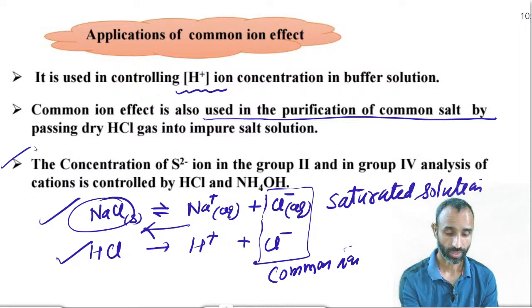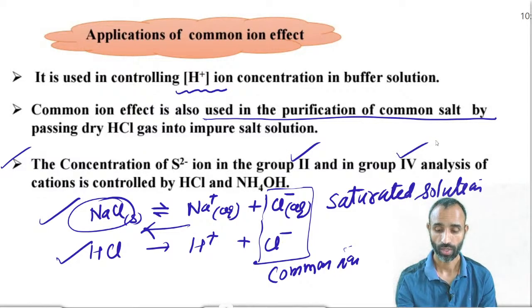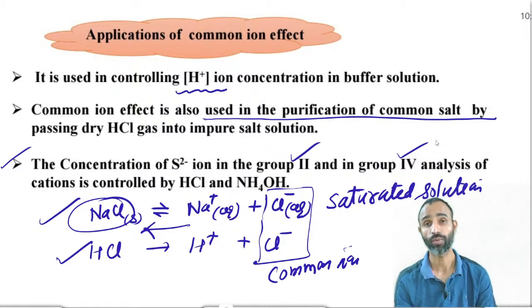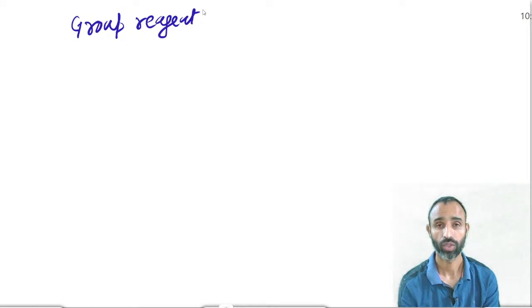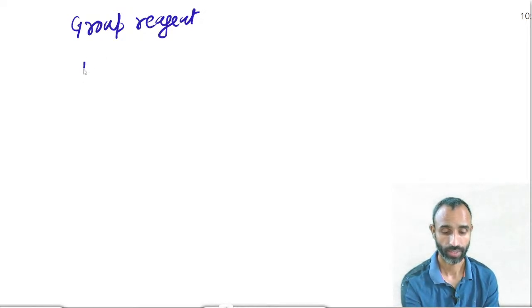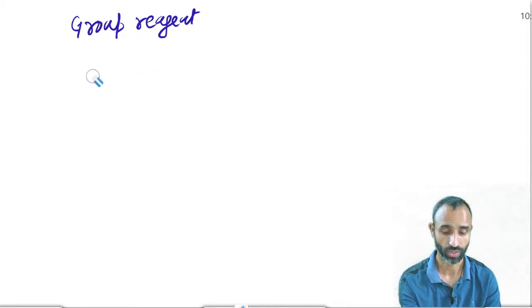Now next is concentration of sulfide ion. In group 2 and group 4 analysis of cations, it is controlled by HCl and NH4OH. See, what are the group reagents for group 2? It is HCl in the presence of H2S, right?